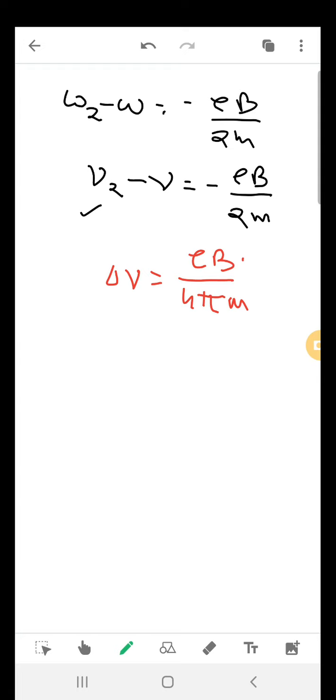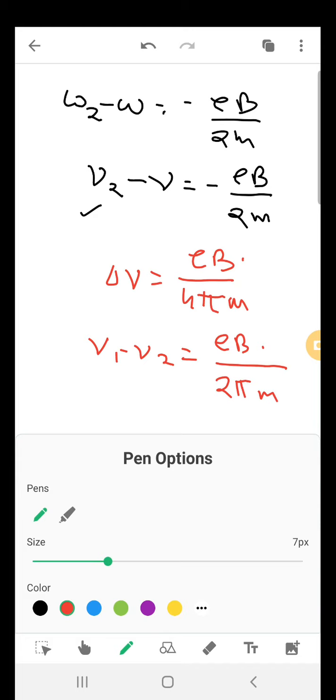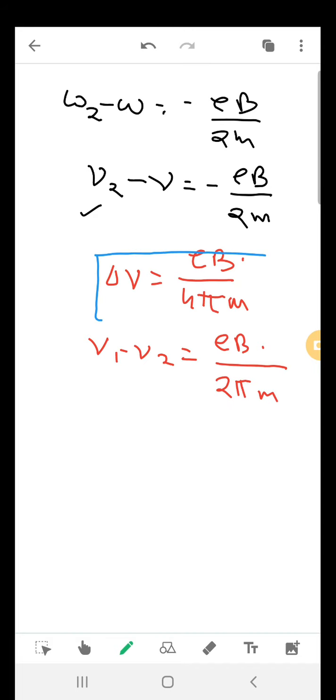That means nu1 minus nu2 is equal to Be by 2 pi m. This is actually the main equation. This is how there is a change in the frequency associated with the magnetic field, and this is what we know as the Zeeman effect.